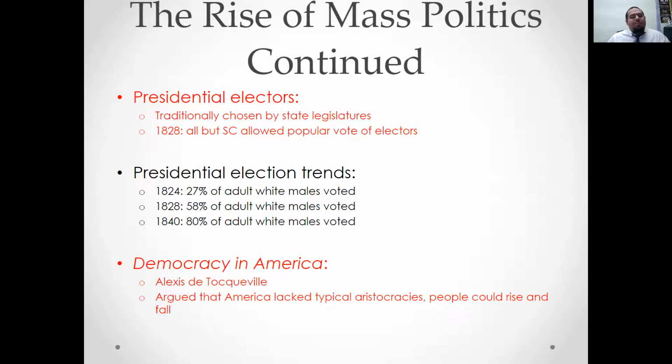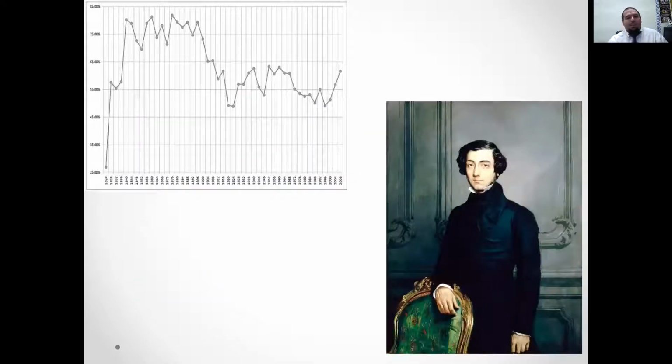And there's a book written by Alexis de Tocqueville, who wrote about democracy in America, and he argued that America lacked typical aristocracies and people could rise and fall. So here's de Tocqueville. Here are the amount of people voting in presidential elections.